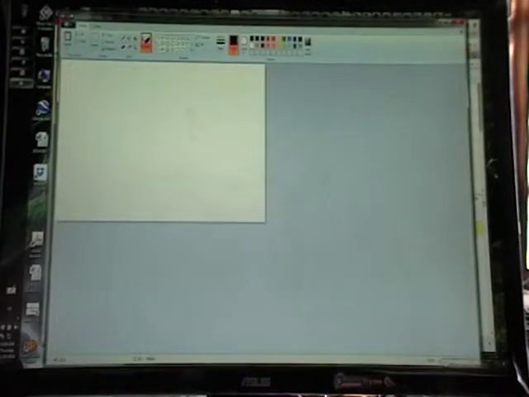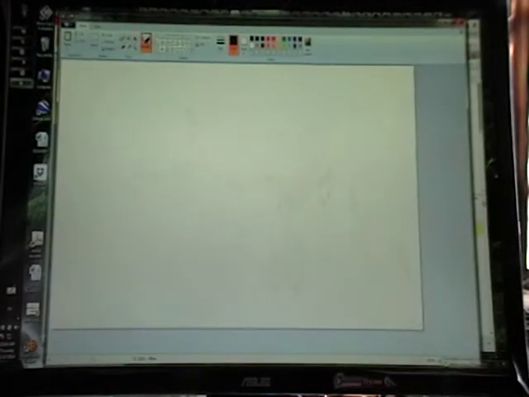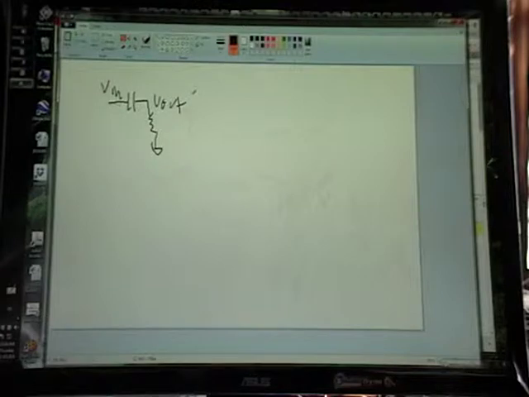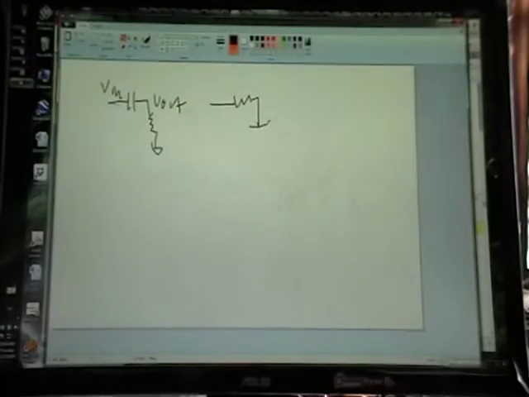So hopefully it's not too far in the future that you know this is a high-pass filter. This is V out, V in. And then if you switch the capacitor and the resistor, then you get a low-pass filter.